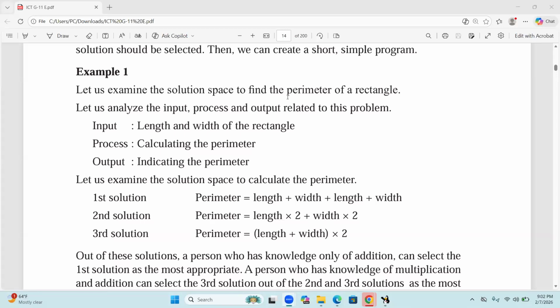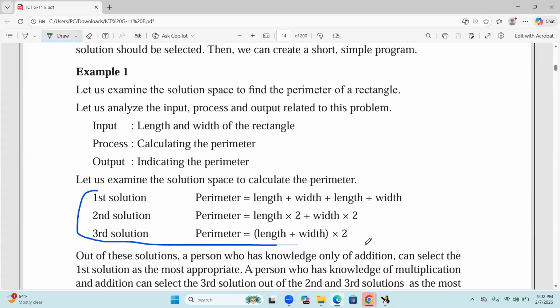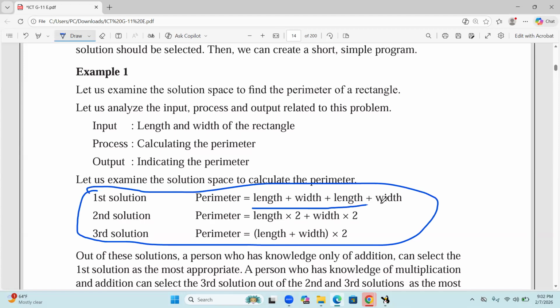To calculate the perimeter, there are some solution methods. The first one is length plus width. So there is one method to find the perimeter of a rectangle. Then there is another way: length into 2 plus width into 2.